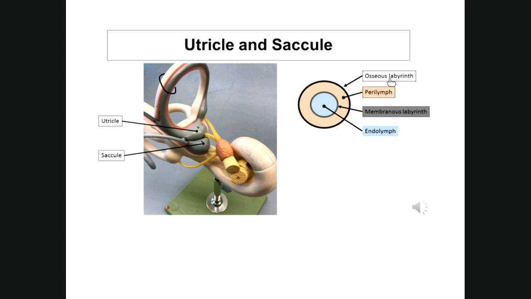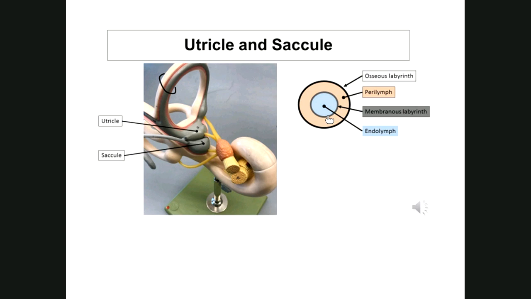Labyrinth means a maze, and you see it has a loop here and it has a coil over here, so it's a maze-like structure, and this is embedded in bone, so the outside shell is bone, osseous labyrinth. There's an almost identical membranous labyrinth that follows the whole thing on the inside. The spiral here, and each one of these canals, these loops, has a membranous labyrinth, which you can see right there. I've drawn this little gray line here for showing the membrane of the membranous labyrinth.